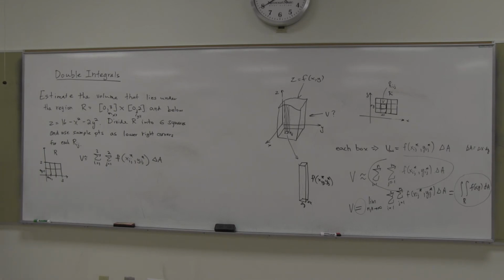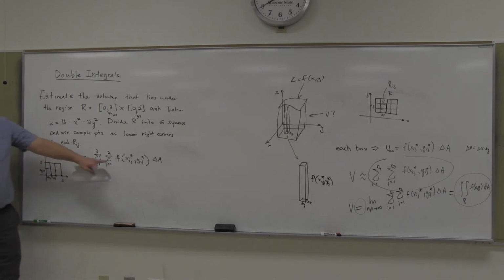It says use the sample points as the lower right corners, all right? So let's just start with the lower right corner of this one. That would be the point 1, 0?